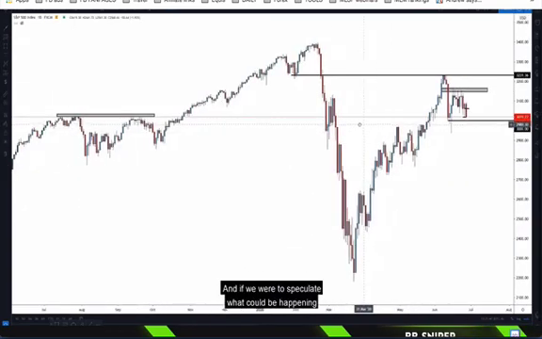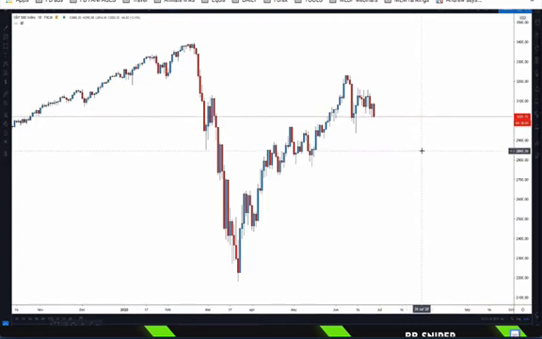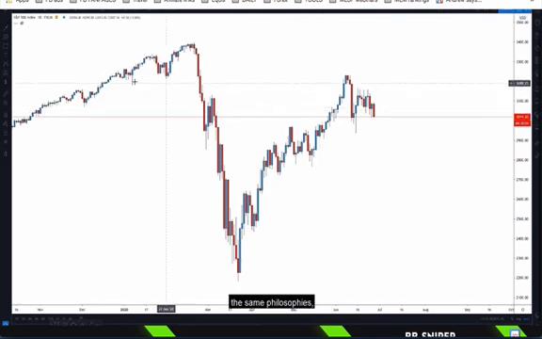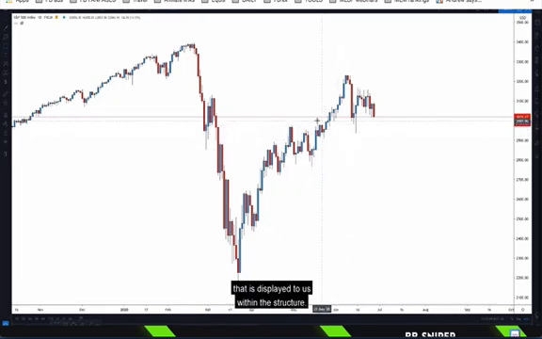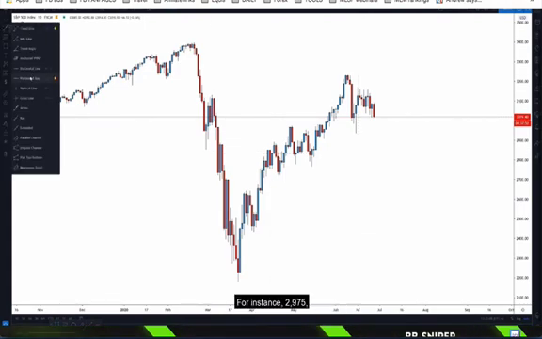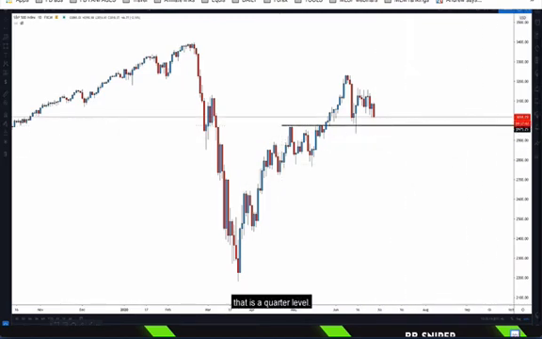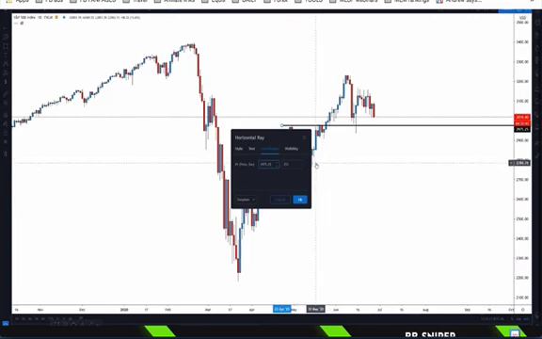And if we were to speculate what could be happening as we head into next week, we can take the same ideas, the same philosophies, and pay attention to the information that is displayed to us within the structure. For instance, 29.75, that is a quarter level.